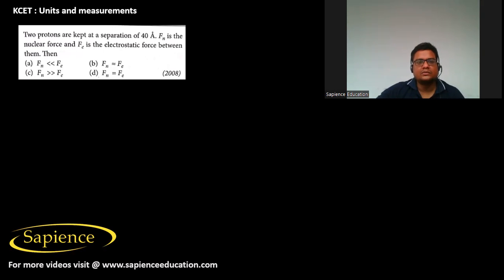So here it is told that two protons are kept at a separation of 40 angstrom. Then Fn is the nuclear force, Fe is the electrostatic force in between them. The rule is that the nuclear force will be much greater than the electrostatic force only in the range of nuclear distances.